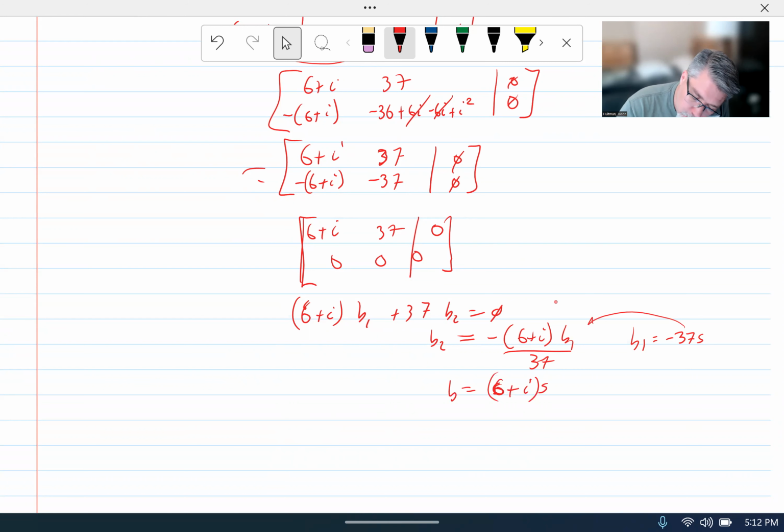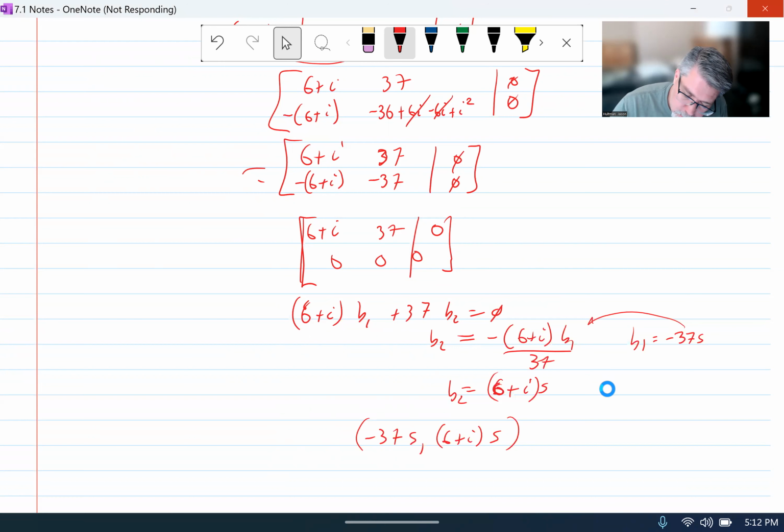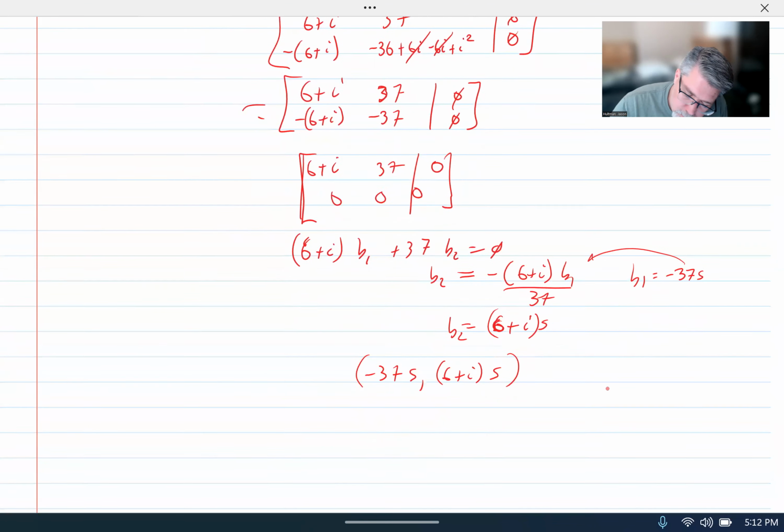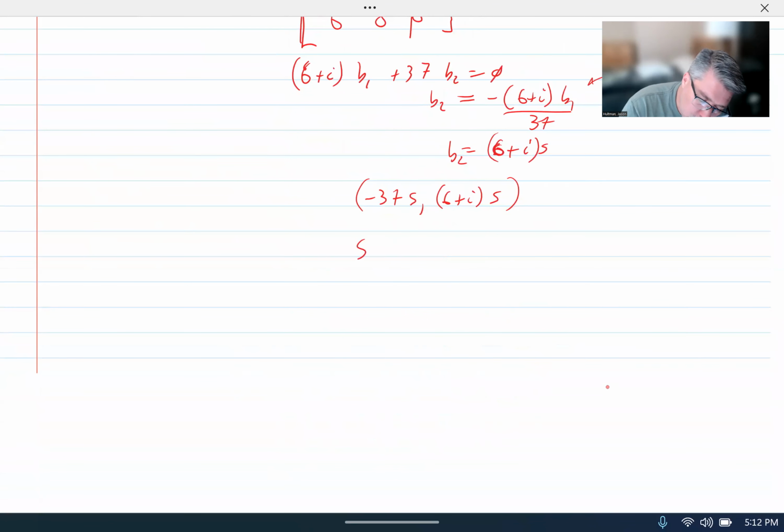And so I would get negative 37s and then 6 plus i s. And if I factor out the s, we get negative 37 and 6 plus i.